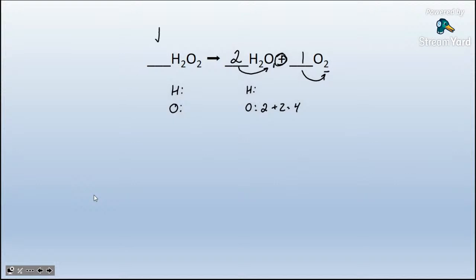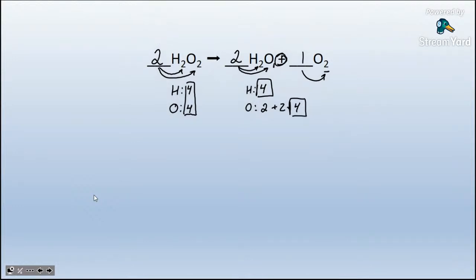And I can see on my reactant side that if I change that coefficient from a 1 to a 2, then 2 times 2 would give me 4 oxygens. And I'd be balanced for oxygens, but additionally, 2 times 2 would give me 4 hydrogens on my reactant side, and on my product side, 2 times 2 also equals 4. So I'd start out with 4 hydrogens and 4 oxygens, and I would end with 4 hydrogens and 4 oxygens. And this would be balanced.